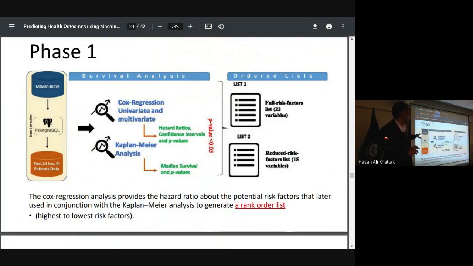We found that we have a number of variables, and the doctors involved selected 22 out of those. Then, in our analysis, we lowered it again and selected a few, from 22 to 15. Now, what is the benefit of this?